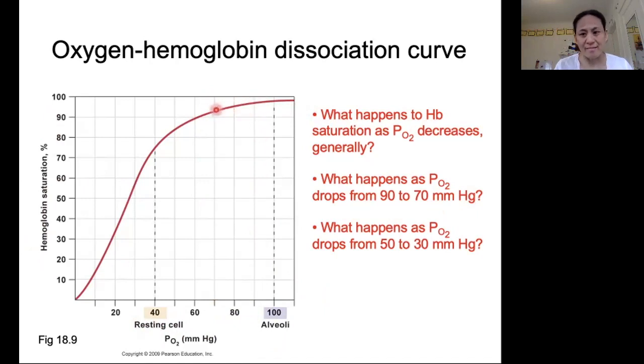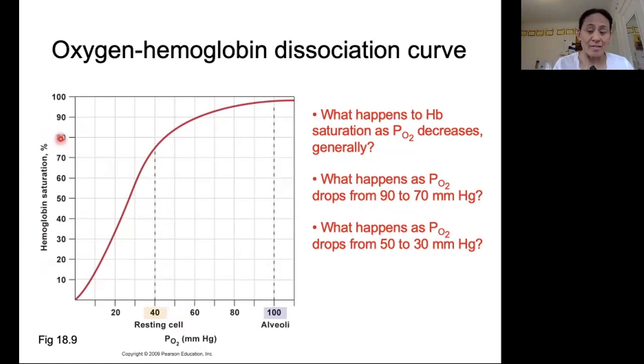So not a ton. However, if we go from 50, which is right here, to 30, which is right here, so that's the same difference in pressure, 20 millimeters of mercury, we have a much greater drop in hemoglobin saturation, okay?